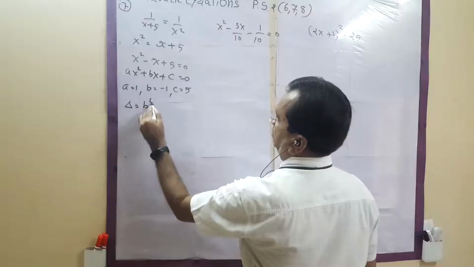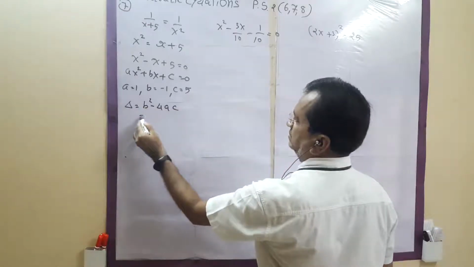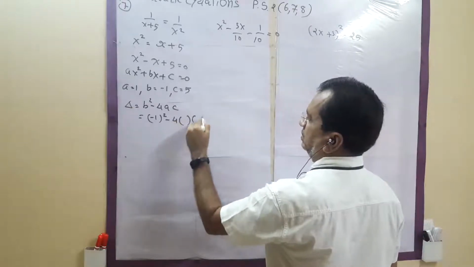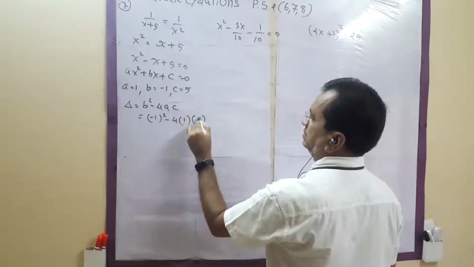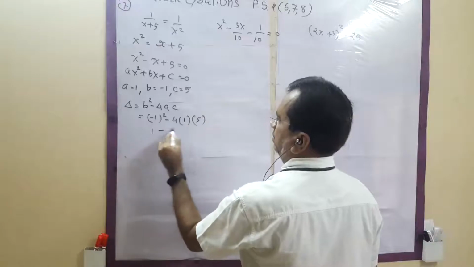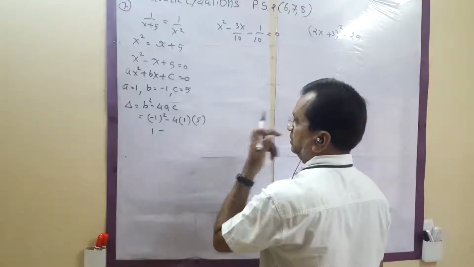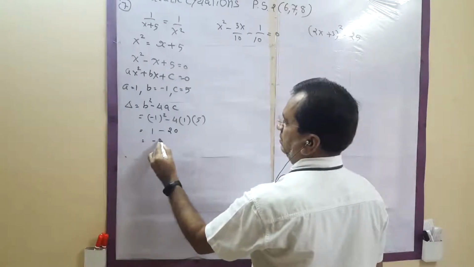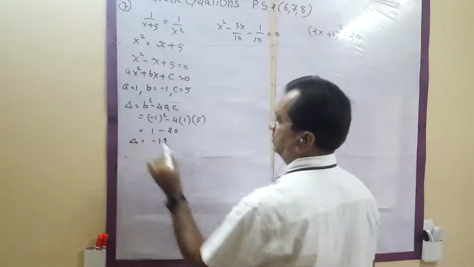Discriminant is b square minus 4ac, that is minus 1 square, 1 minus 4 times 5 is 20, so 1 plus 20 is 21.